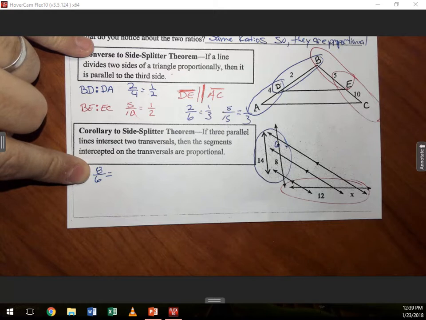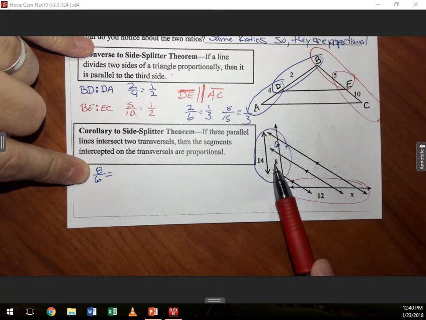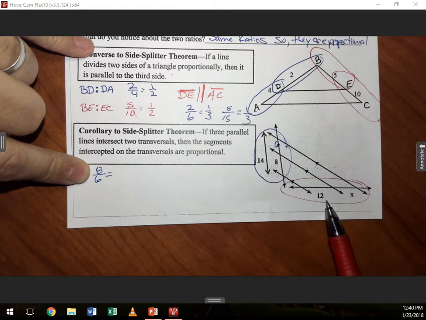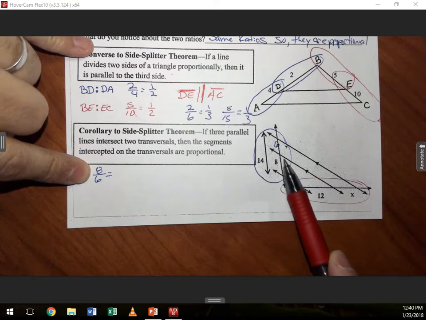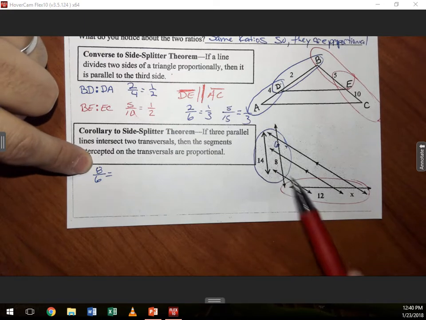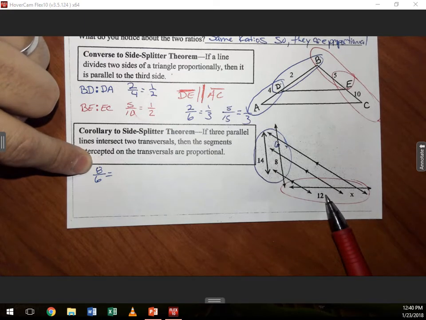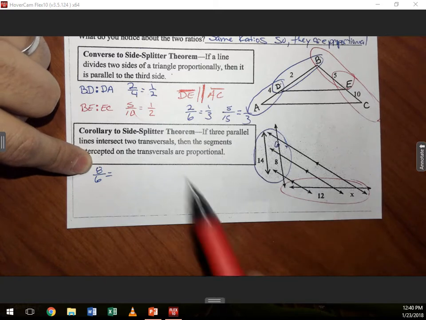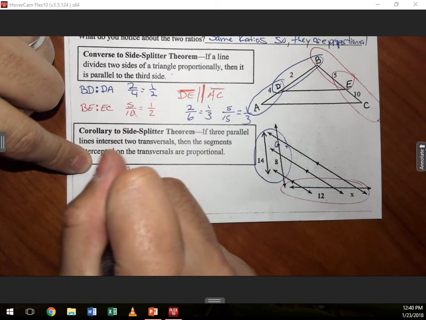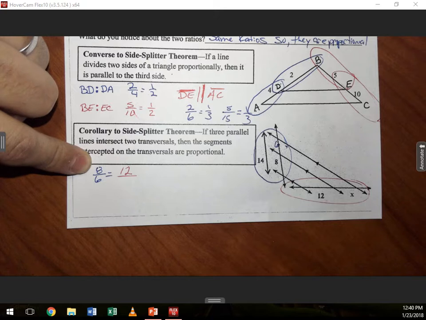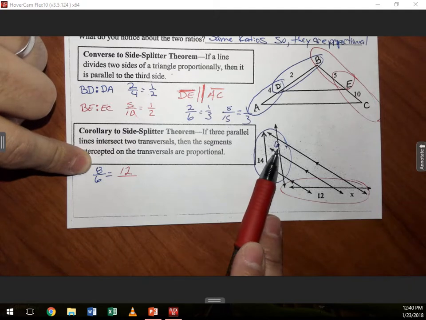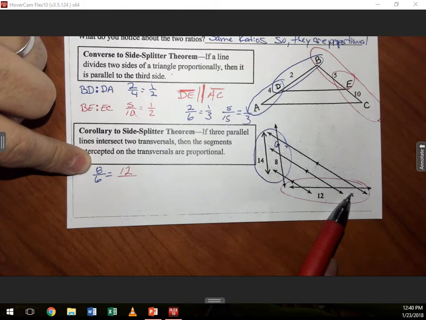What's this side going to be? 14. This side right here? So what piece goes with 8? It should be 12, right? Because 8 is over here on top, and therefore 12 has to be over here on top also, right? So these two go together, so it's going to be 12 over, what piece goes with the 6? The x, right?